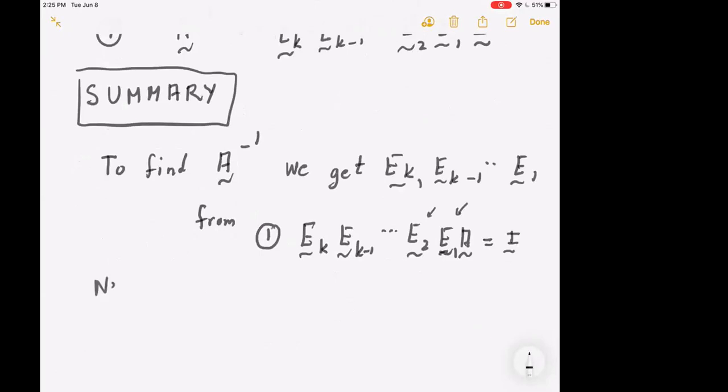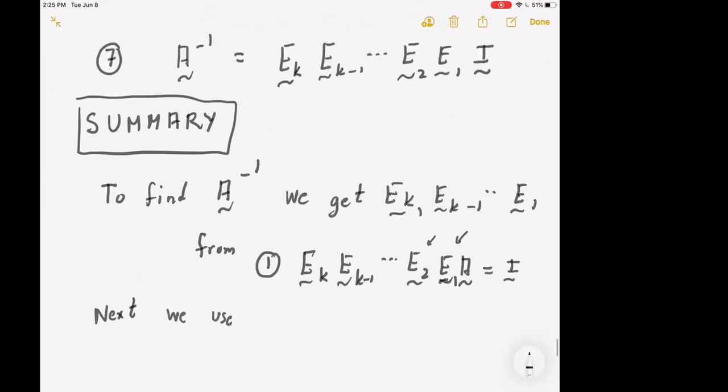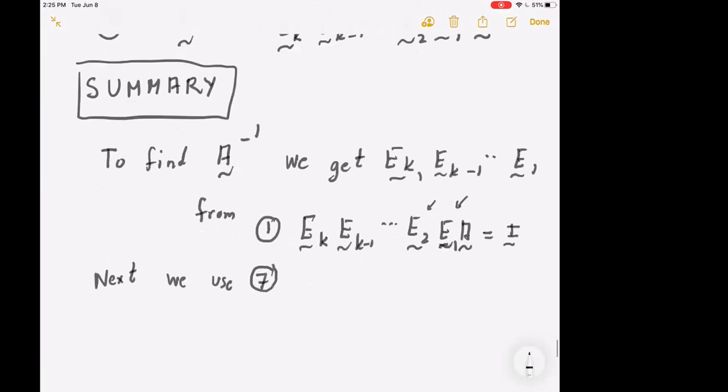Next, we use equation 7, which again I'll rewrite. Equation 7 says that the inverse of A is the product of these elementary matrices in this order.